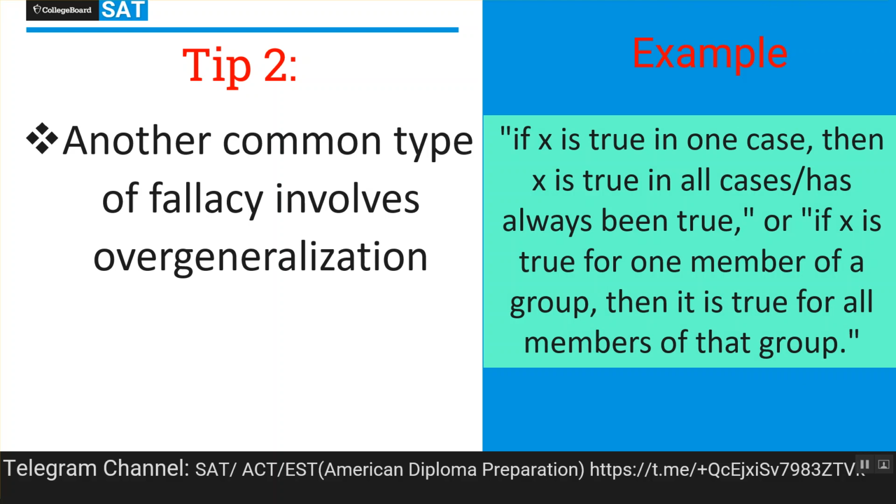And if your passage tells you that this is true for one member of a group, it doesn't mean it's right for all the members in this group. So if you overgeneralize that this is true for all the people or all the cases, you are falling into the trap of choosing a fallacy.